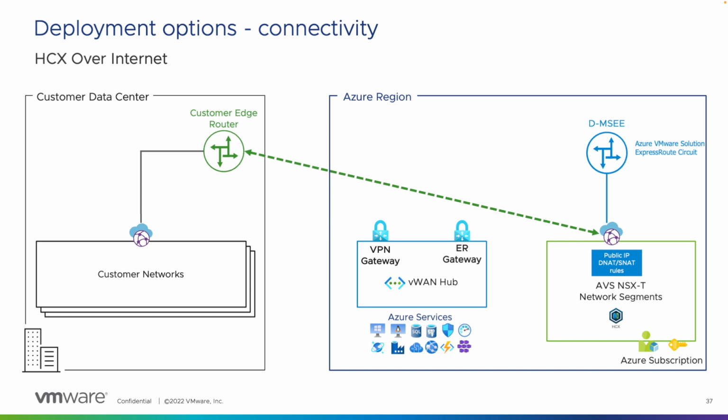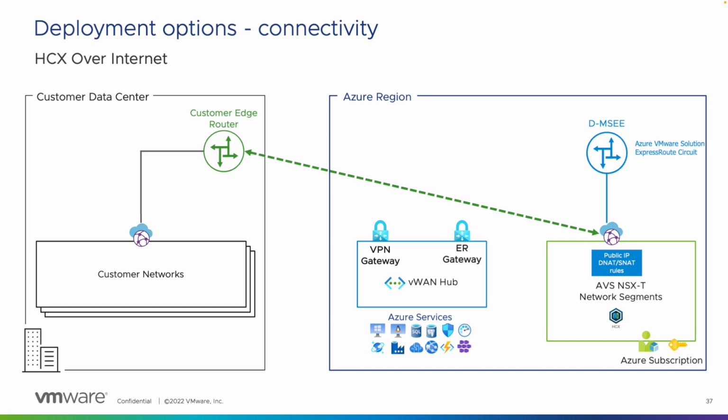Another supported topology to use AVS without Global Reach is using HCX over Internet. With this option, we do connect AVS directly to your on-prem data center by making the HCX manager available over a public IP address. One thing to note about this is HCX is encrypted by default, no matter how you use it.